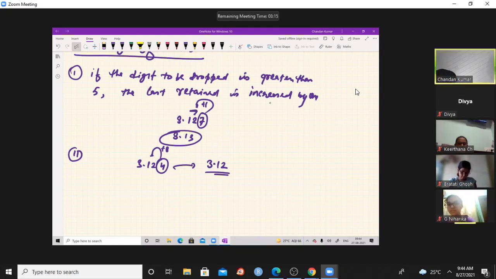Third rule. What if the dropped digit is going to be 5? Anyone?